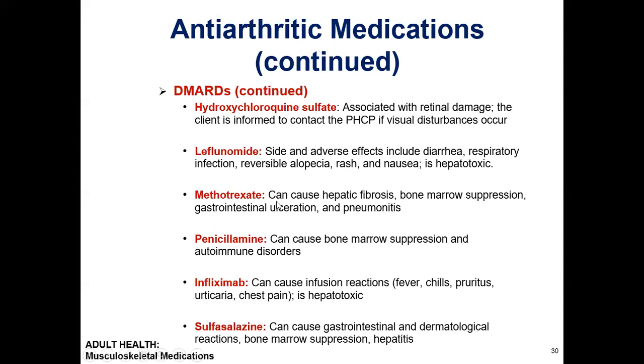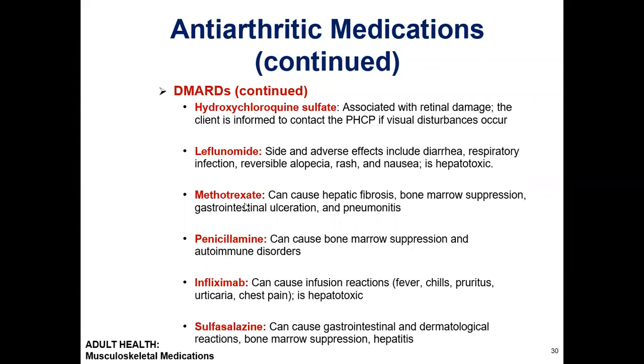Methotrexate can cause hepatic fibrosis, can cause bone marrow suppression, can cause gastric ulceration, or pneumonitis, lung infection.